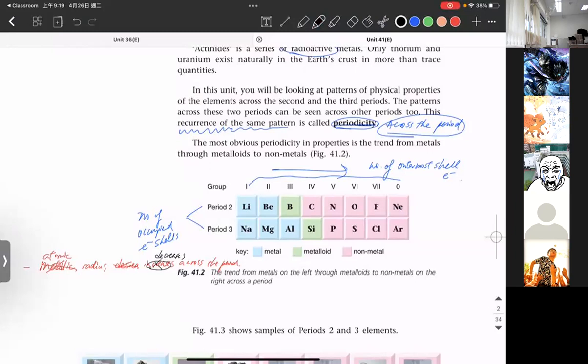Lâm Thành Hon, do you have any memory about the periodic patterns that you know from Form 3, about why the periodic table is set as periodic? Melting point increases from group 1 to group 4, climbing up, and then it will drop. Gradually decrease? They will drop from group 4 to 0, but you say gradual decrease, right?